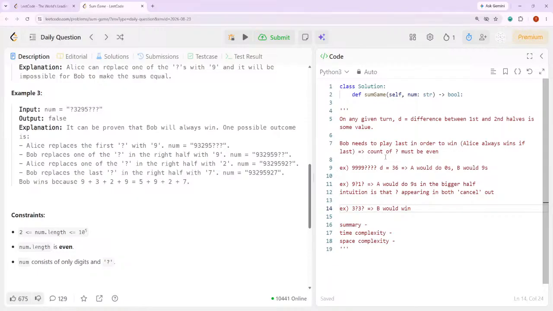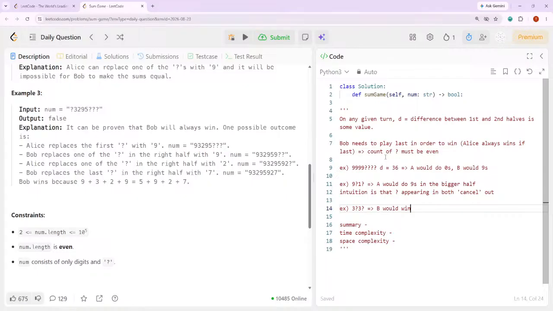So if it starts unbalanced, then Alice would win. If it starts balanced, then Bob would win, assuming there's the same number of question marks on both sides. And so now it's just if there's an uneven amount of question marks on both sides.